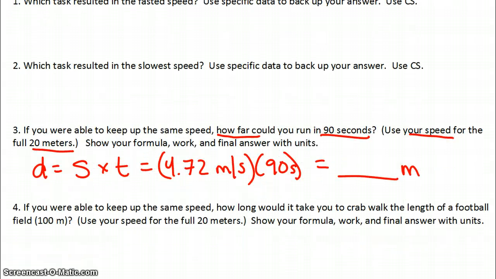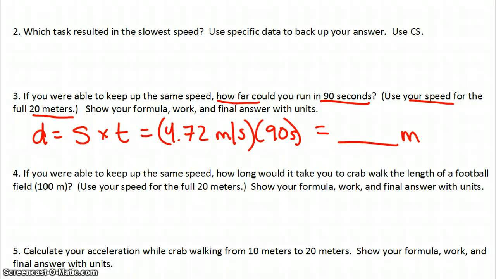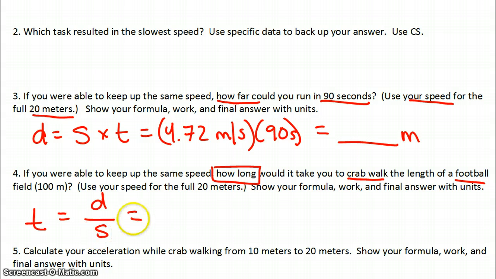So number four, if you were able to keep up the same speed, how long would it take you to crab walk the length of a football field? So what do they want us to find? How long? We know time equals distance divided by speed. The distance they told us is 100 meters. And then we have to refer to the data table for speed.